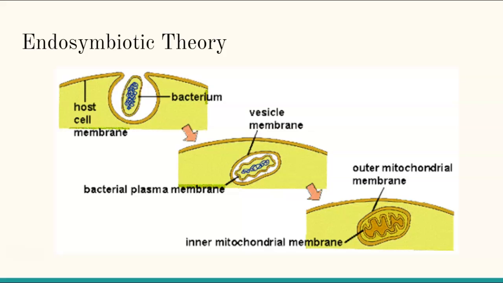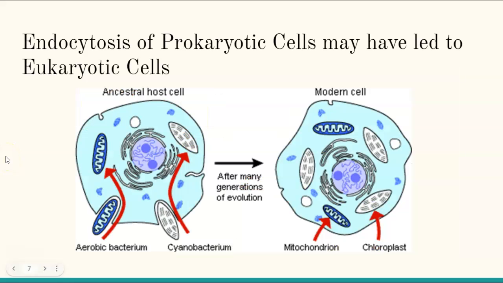So this idea was that it started as a bacterium, it came into this other cell and then morphed, and now its main job is energy production. So this endocytosis of these potential mitochondria, potential chloroplasts, may have actually led to eukaryotic cells.